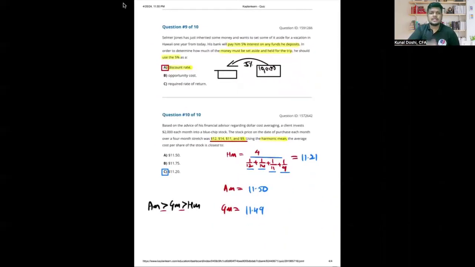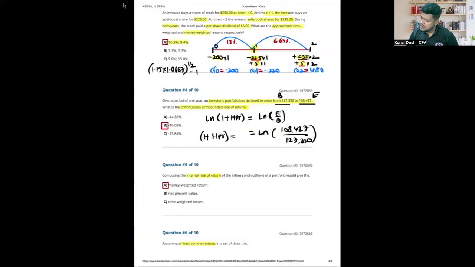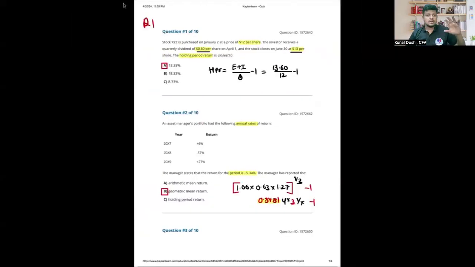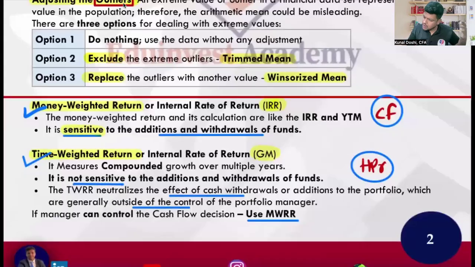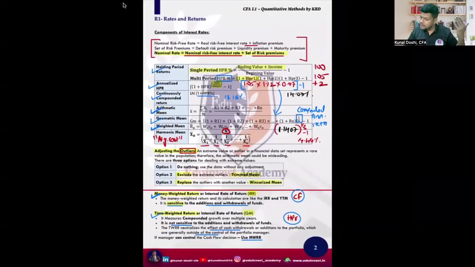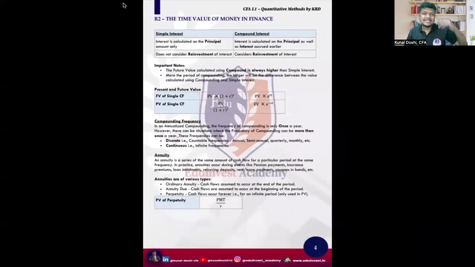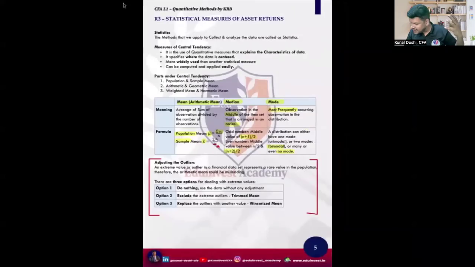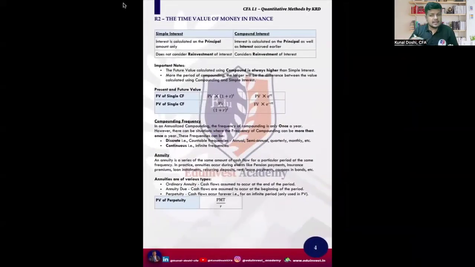Anyone has any questions? Let me know. This is the way we do the concepts, we do the questions. See, the second topic is time value of money in finance, which we are going to touch upon, but that's a very small topic. And then again, we'll do questions related to that.